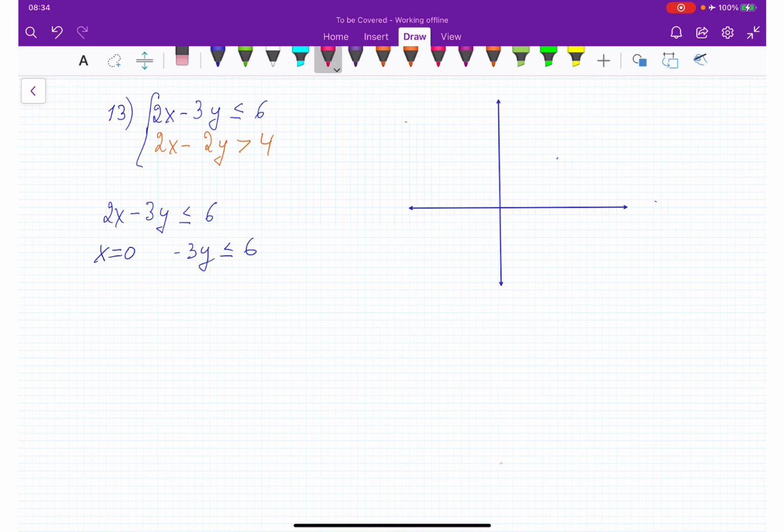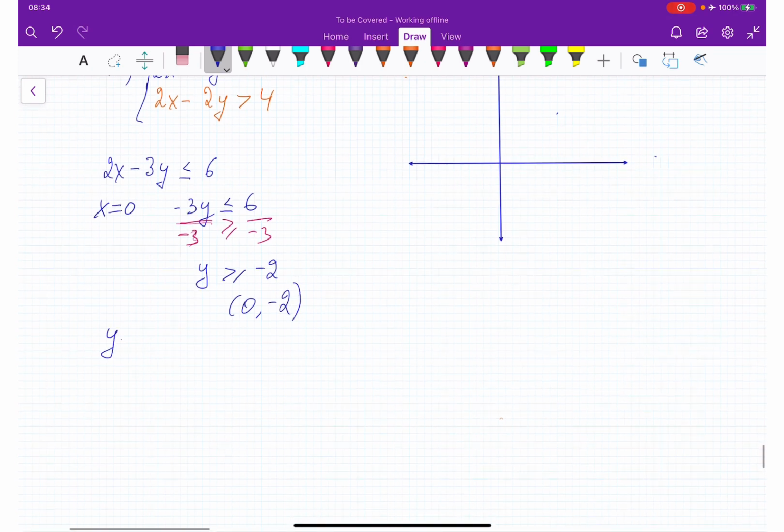When I divide by negative 3, it's going to flip the sign, and we get y is greater than or equal to negative 2. So we get the point 0, negative 2. And next, y is equal 0. We get 2x less than or equal to 6, x less than or equal to 3. So the coordinates here are 3 and 0.